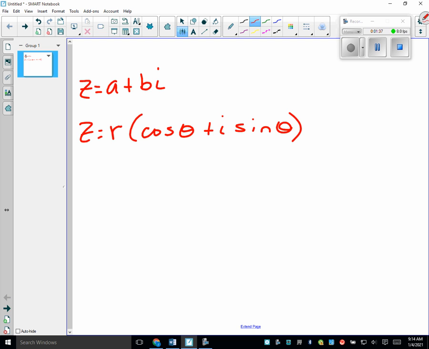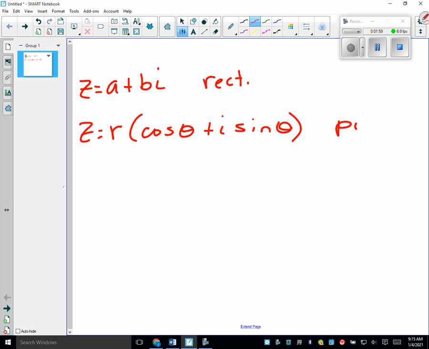We have both forms. Now, what we're going to do today is go from rectangular to polar and polar to rectangular. So the top one is rectangular form. This one is rectangular.